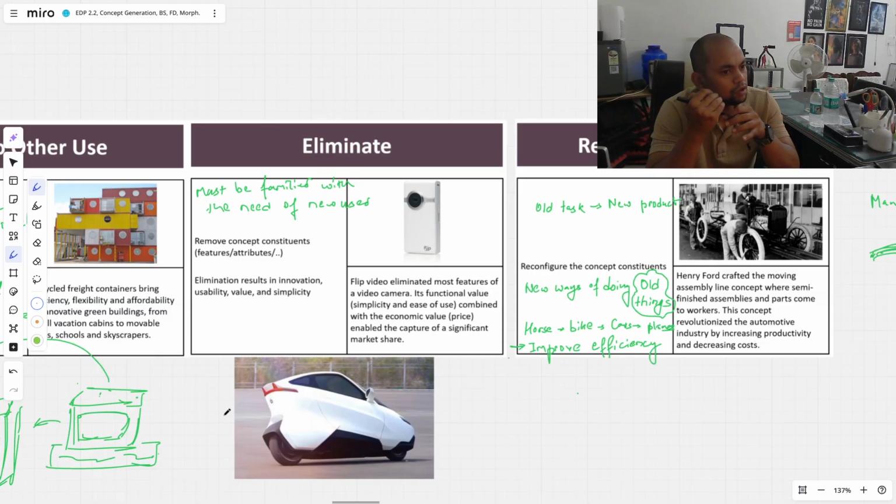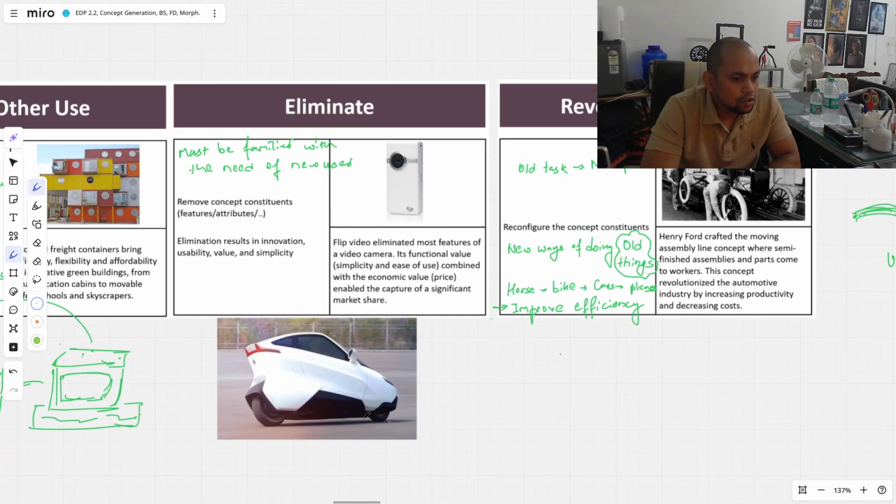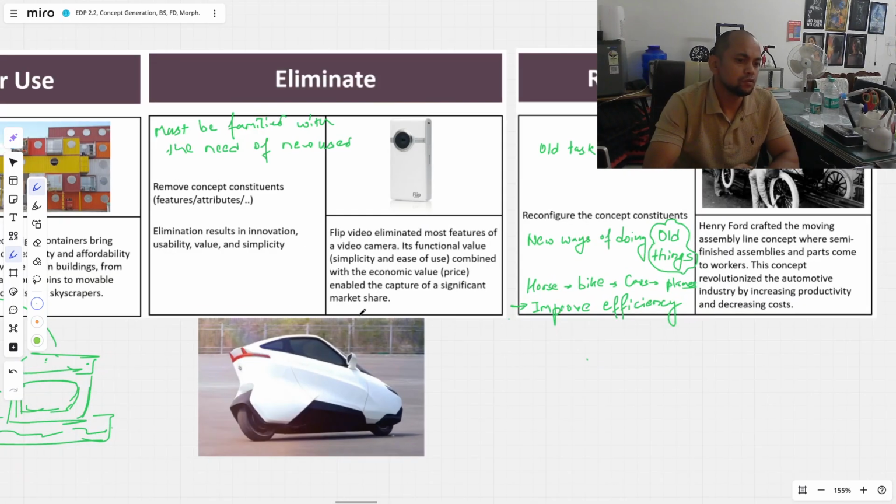So someone can just strip all the other features away and provide one particular feature of the product. So one example of this is your car.